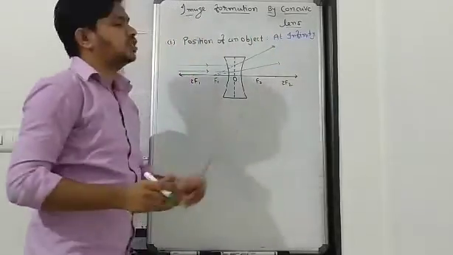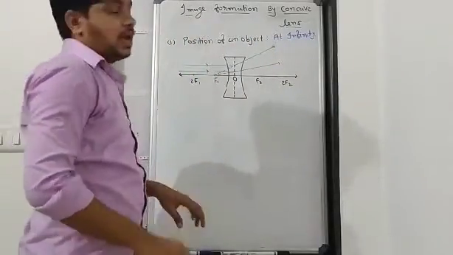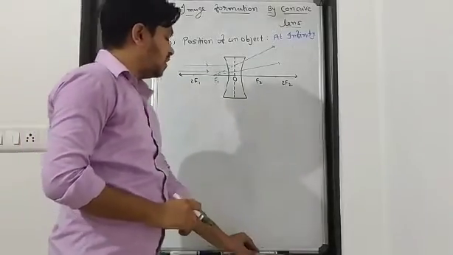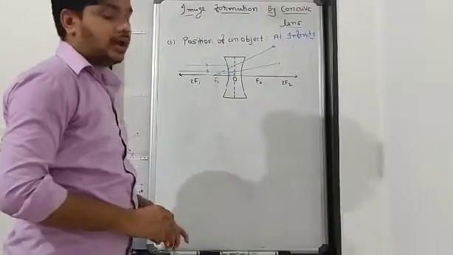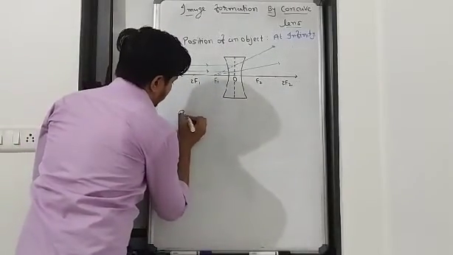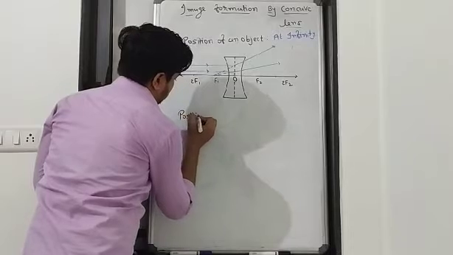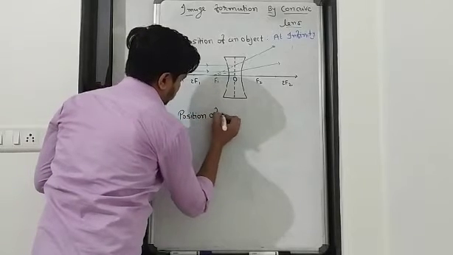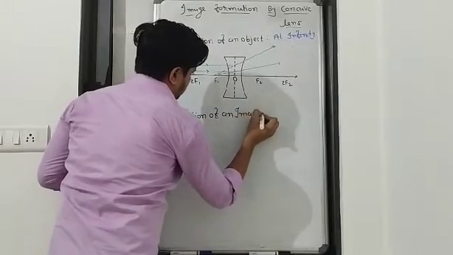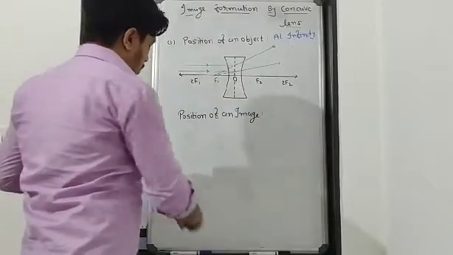So here are the two refracted rays, and here the image is formed. Where is the image formed? On F. So here, the position of the image is on F.